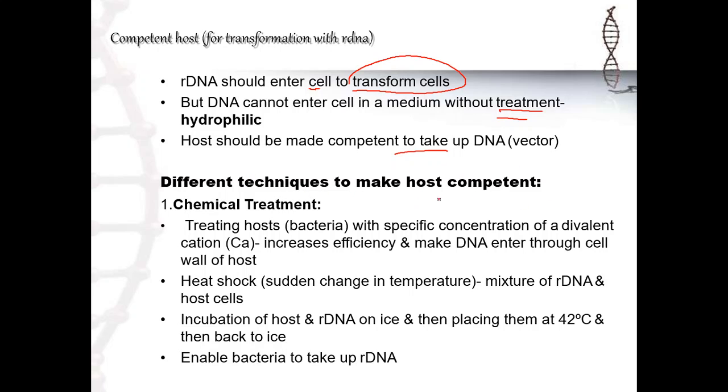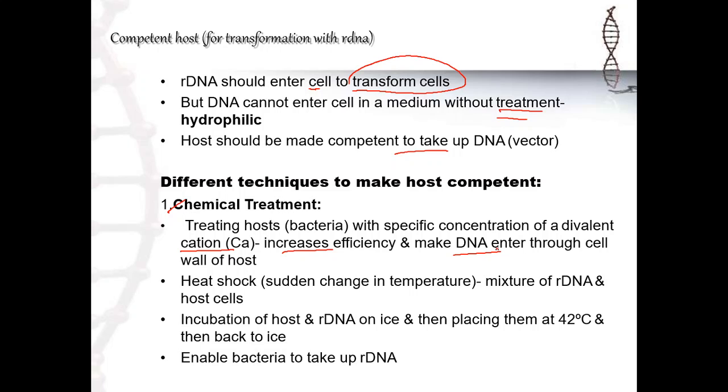There are different techniques to make the host competent. Use chemical treatment: treating host bacteria with specific concentrations of divalent calcium, adding calcium to increase efficiency and make DNA enter the cell wall of the host.